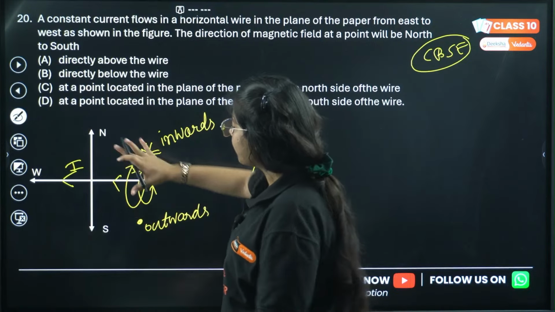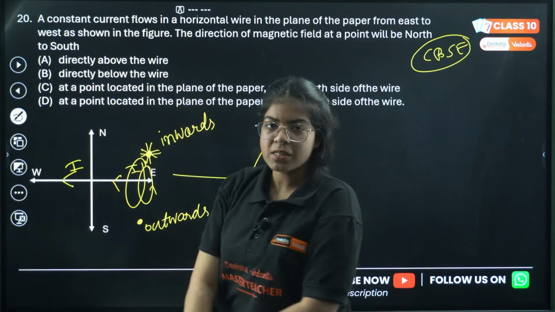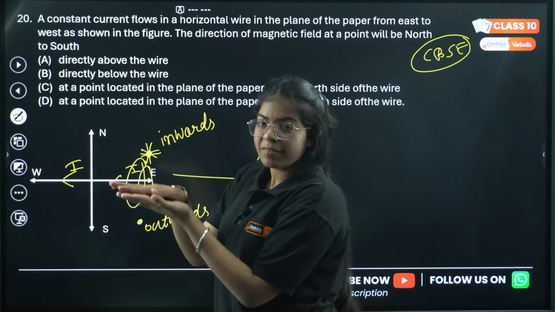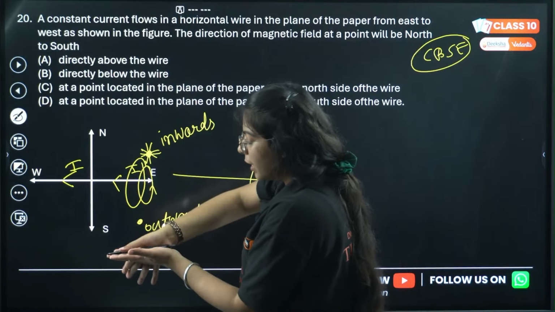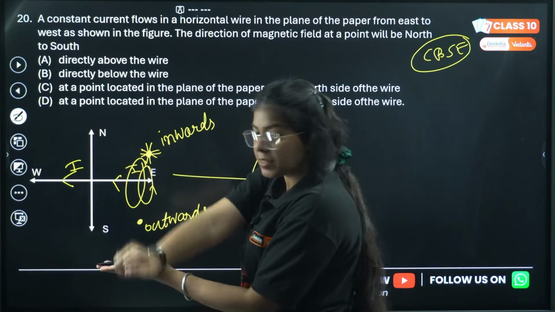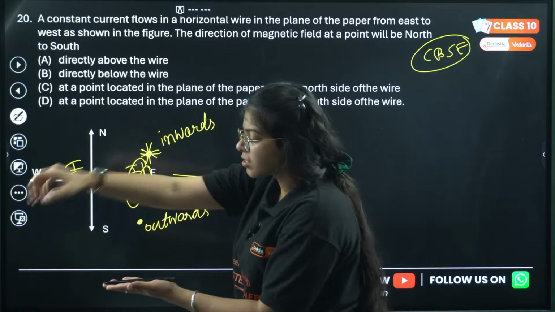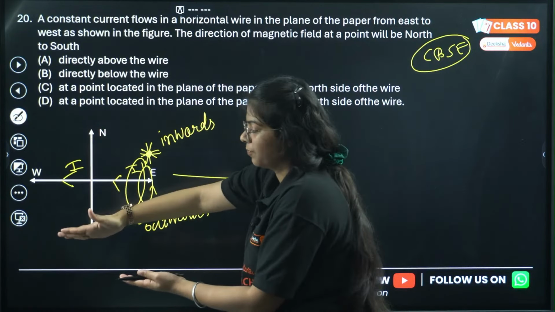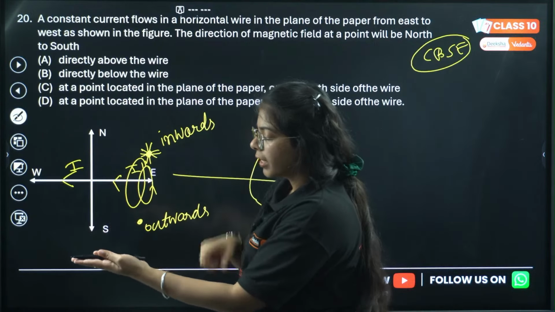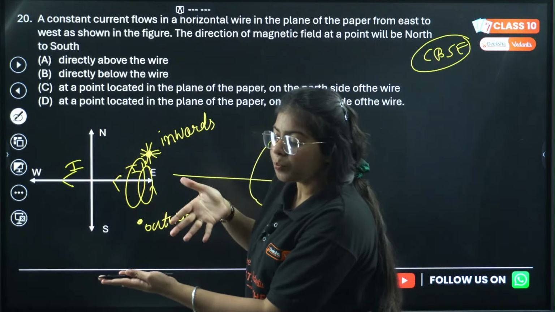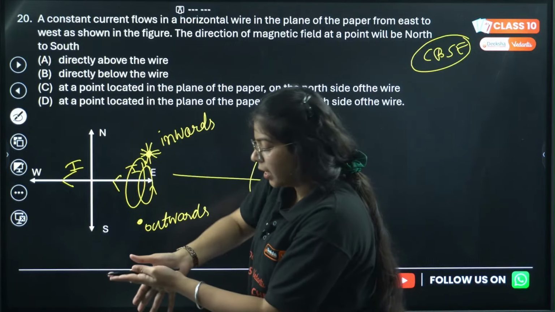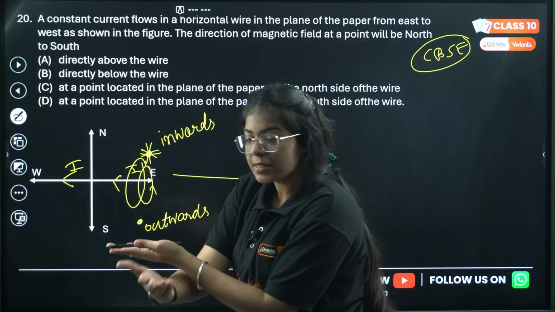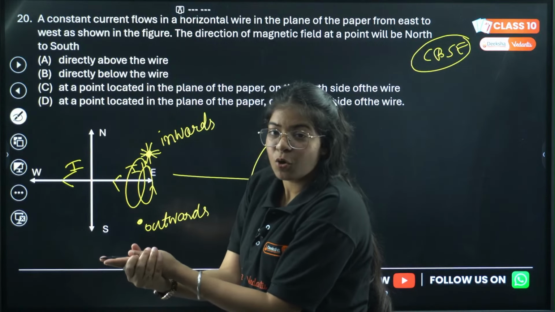Now from these options, you need to imagine that you have a plane, a paper, and you need to see how the lines are going. This is north, this is south, this is east, west. I just rotated it like this. At what point will the field lines go from north to south? If I hold this wire, this is north, this is south, and the field lines will go like this.